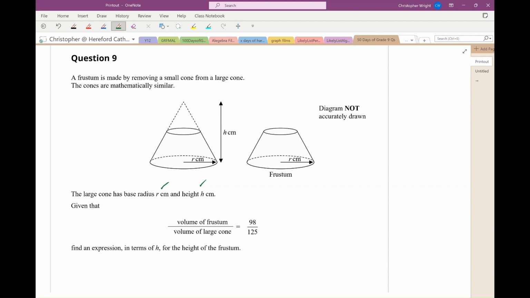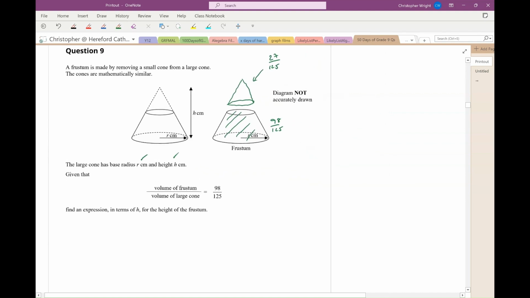Well, it's all very well looking at the volume of the frustum as a ratio of the volume of the large cone, or as a fraction of the volume of the large cone. But the frustum and the large cone aren't similar, are they? It'd be much more pertinent to look at the volume of the cone that's being cut off and the volume of the large cone. You see, if the volume of the frustum is 98/125ths, then the volume of that small cone on the top there must be the remainder, 27/125ths.